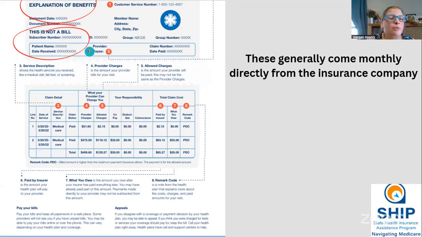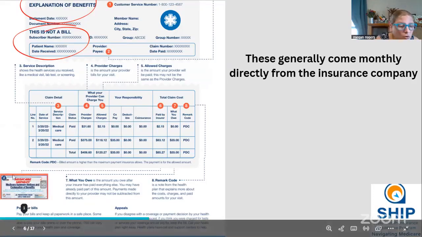So it's going to say provider, your name, the date, the claim date received, claim number, date paid, service, provider charges, allowed charges, what you owe, total claim costs. So it's going to have all the same information that the Medicare summary notices did.